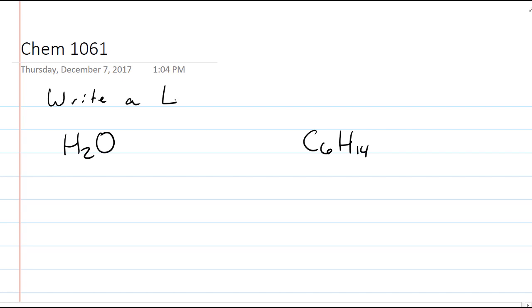Remembering that water has what type of shape? Bent, exactly. No, you don't have to make hexane very hard. I'll tell you right now that hexane has a backbone of carbon atoms.